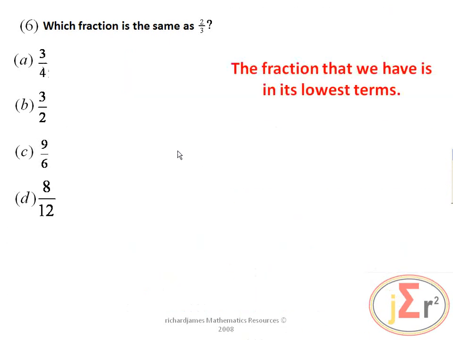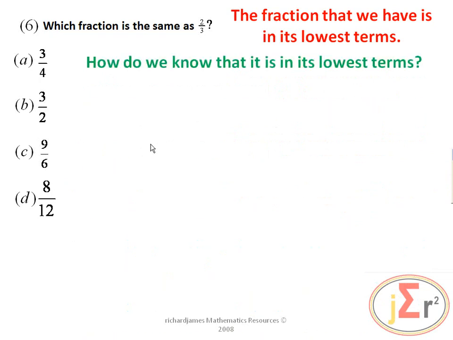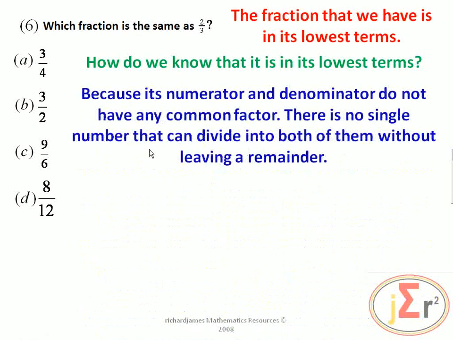So what do we say? The fraction that we have is in its lowest terms. And we said that before. How do we know that it is in its lowest terms? Because its numerator and the denominator do not have any common factor. There is no single number that can divide into both of them without leaving a remainder.